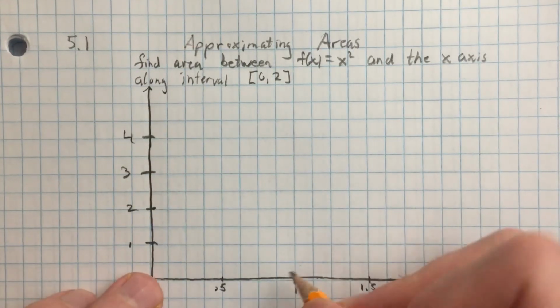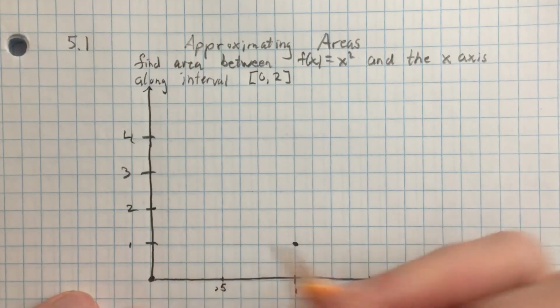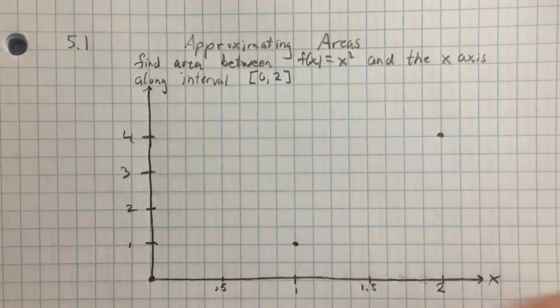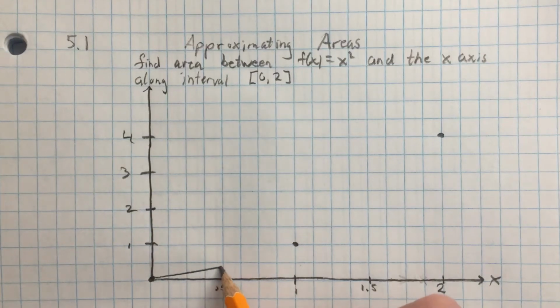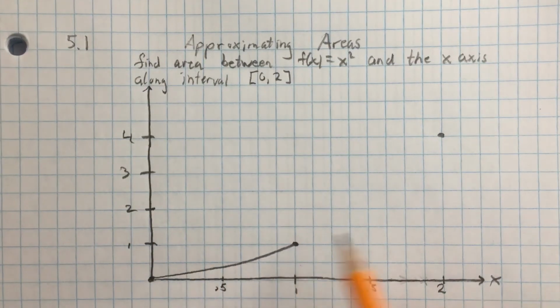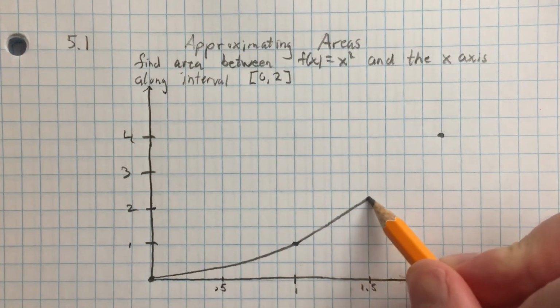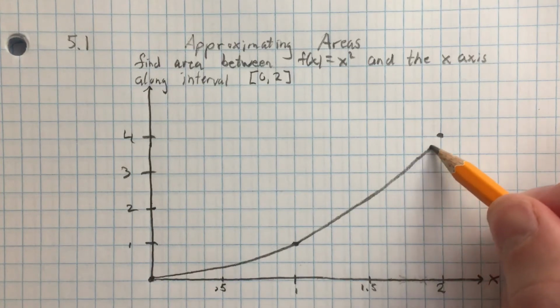Okay, so we know that at 1 it should be up here at 1. Right, it's x squared. So we know 0, 0, 1, 1, and we know 2, 4. So I should draw some sort of parabolic looking thing through here. Again, all this is slightly exaggerated, and it's kind of like you're zooming in on this part of the curve, just so I can demonstrate the process we're trying to look at here.